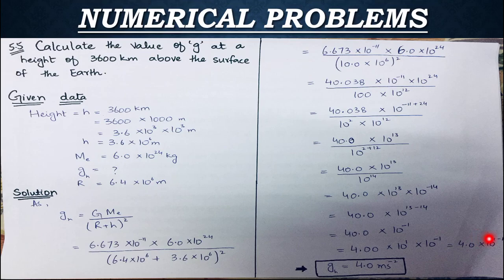So 10 raised to the power 0 will be equal to 1. 1 multiplied by 4.0 will be equal to 4.0. And as the unit of g is meter per second square, the value of g at a height of 3600 kilometer above the surface of the Earth will be 4.0 meter per second square.